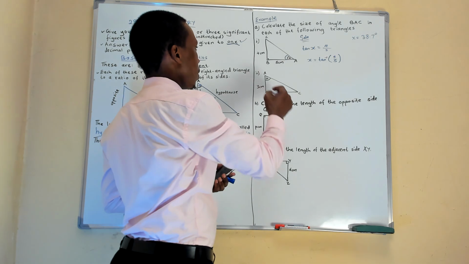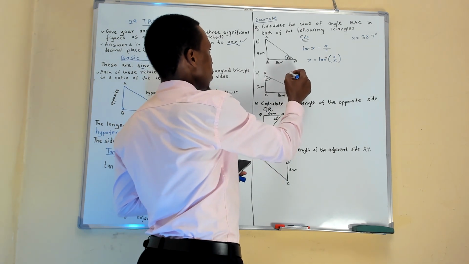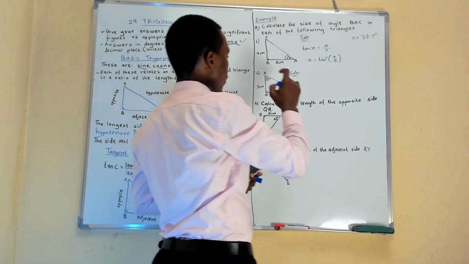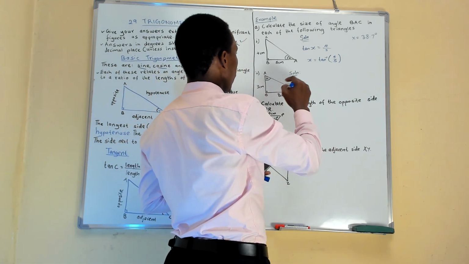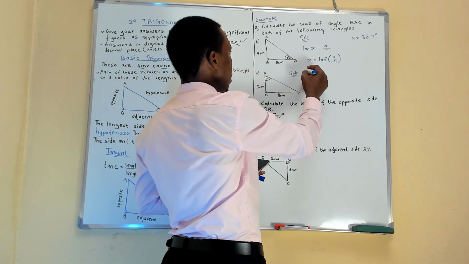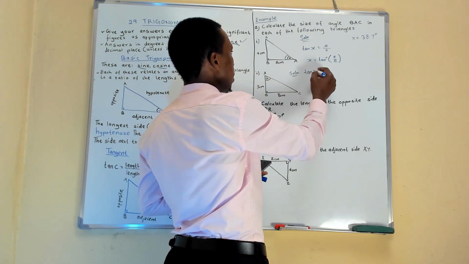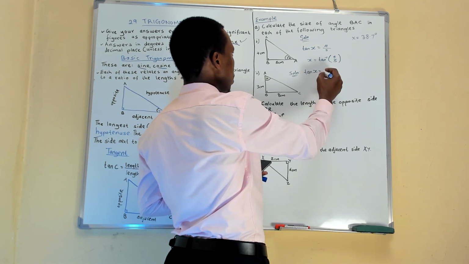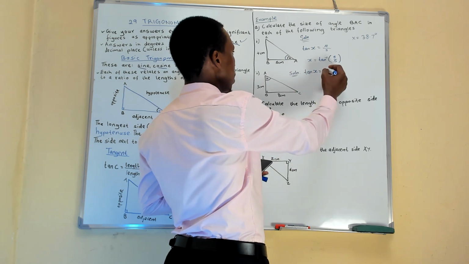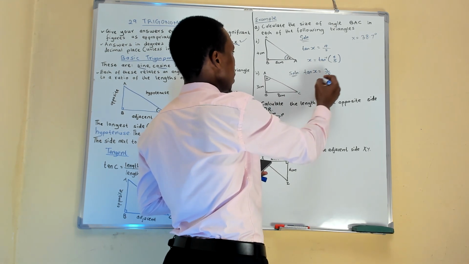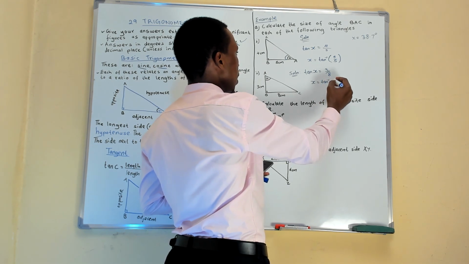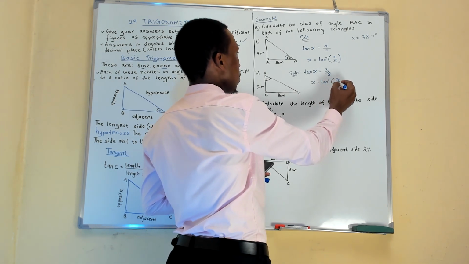For B, Roman 2 solution, we are asked about the angle. So again, tan x is equal to opposite over adjacent. So x is equal to tan inverse of 3 over 8.